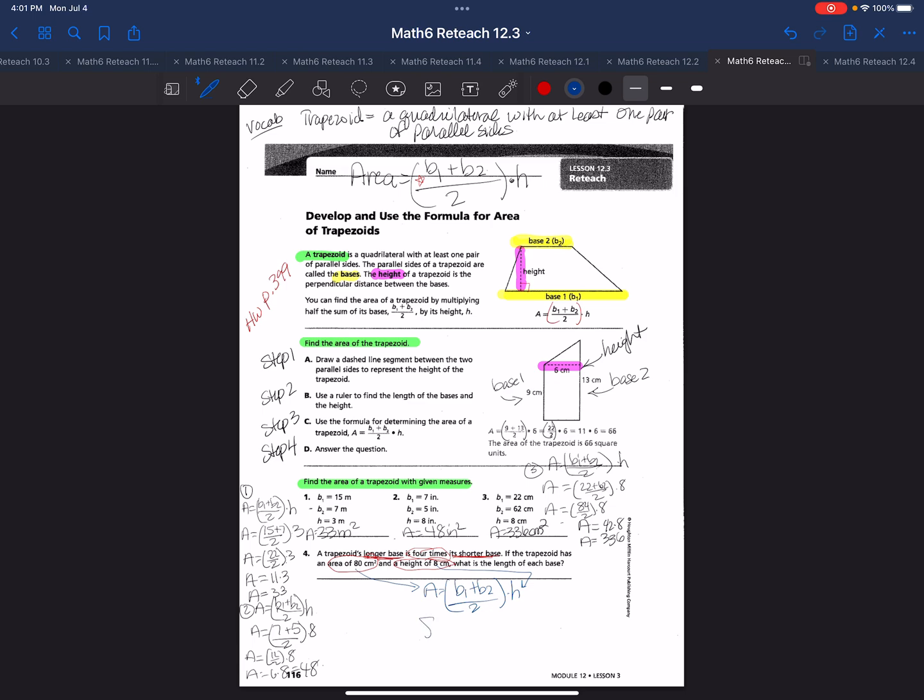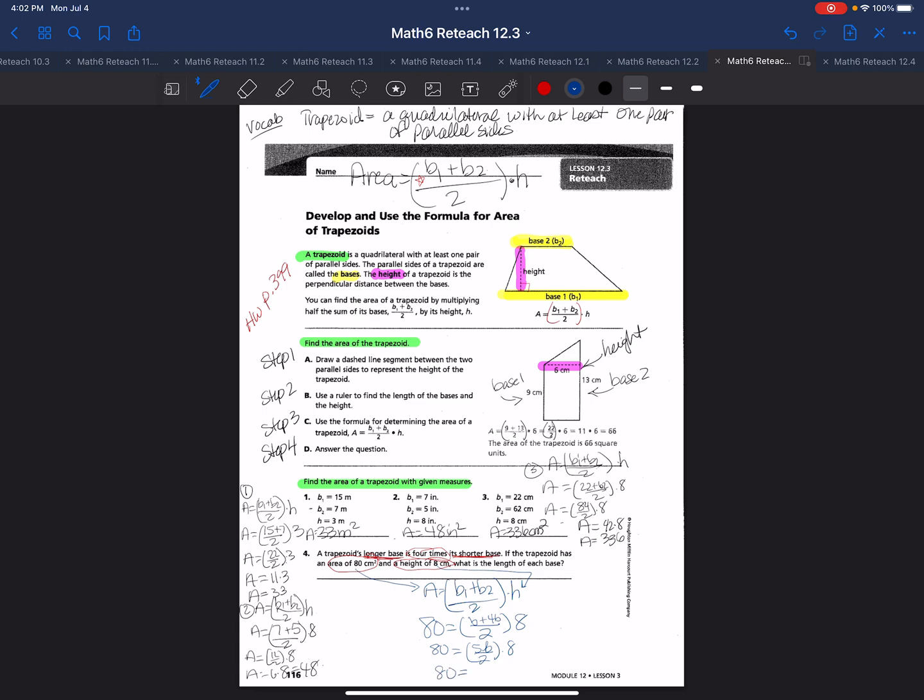Okay, so we have 80 equals, the height is 8. It says the length of the longer base is 4 times the shorter base. So if I say the shorter base is b, plus 4b, because the longer base is 4 times that. So b plus 4b would be 5b over 2 times 8.